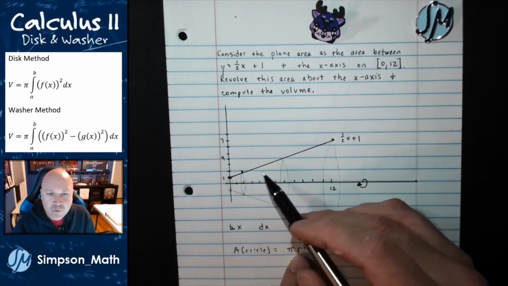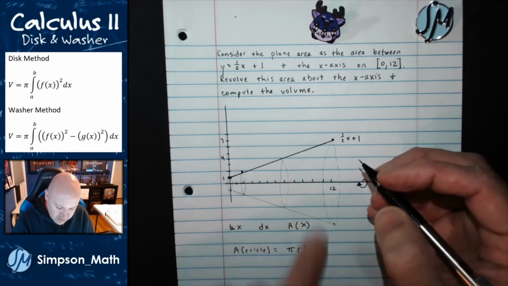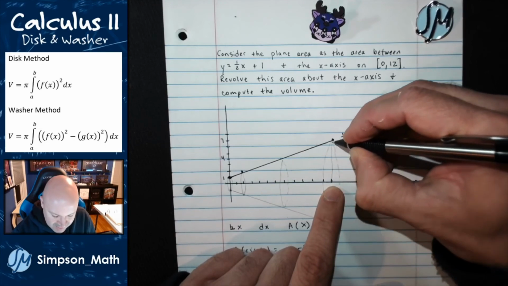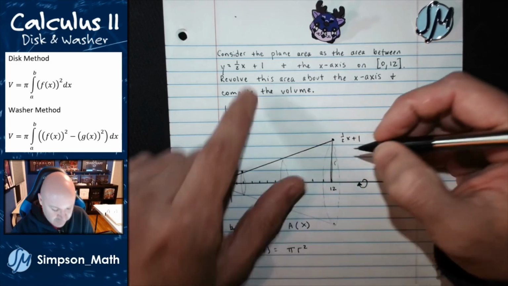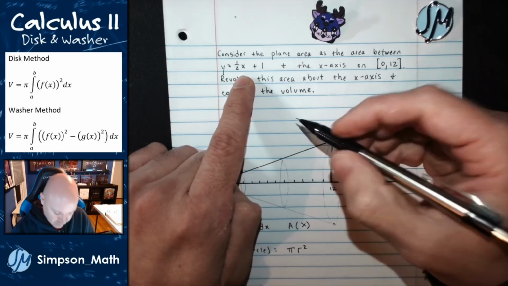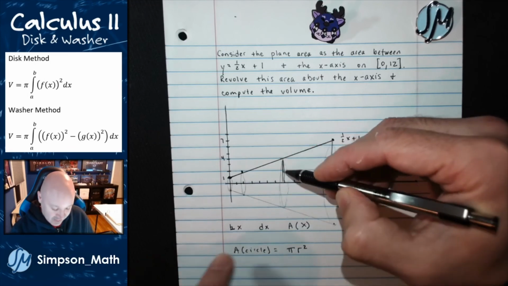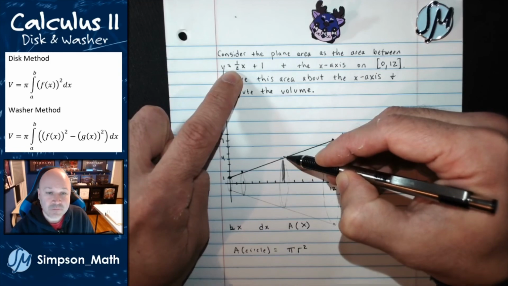Well, the radius of these circles is always going to be the distance from the x-axis up to that function right there, and that function is 1/2 x plus 1. Over here, the radius of this circle that I drew is that line, 1/2 x plus 1.